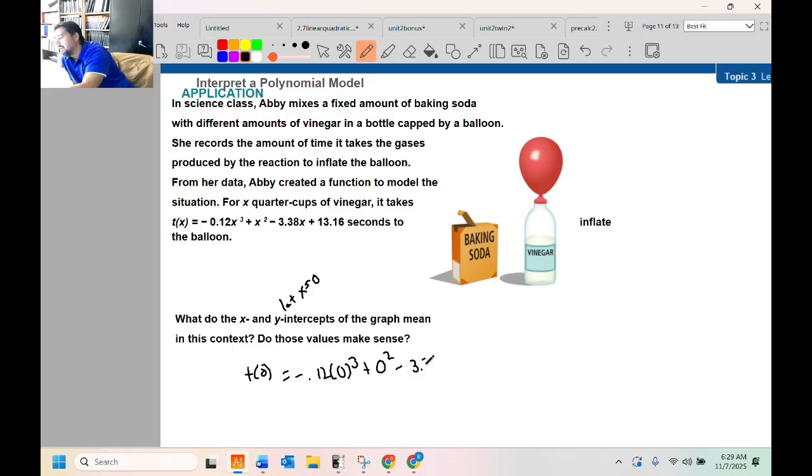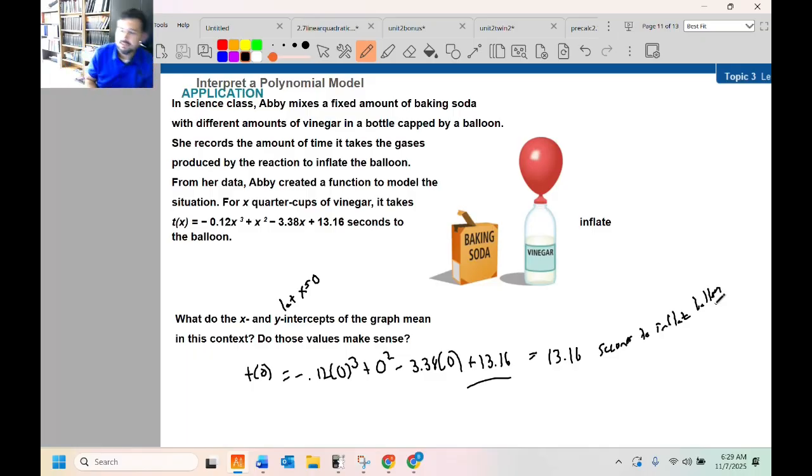I actually hate writing this down, but I have to because so many kids don't understand. All you're going to have left is 13.16. And this would be seconds to inflate the balloon.